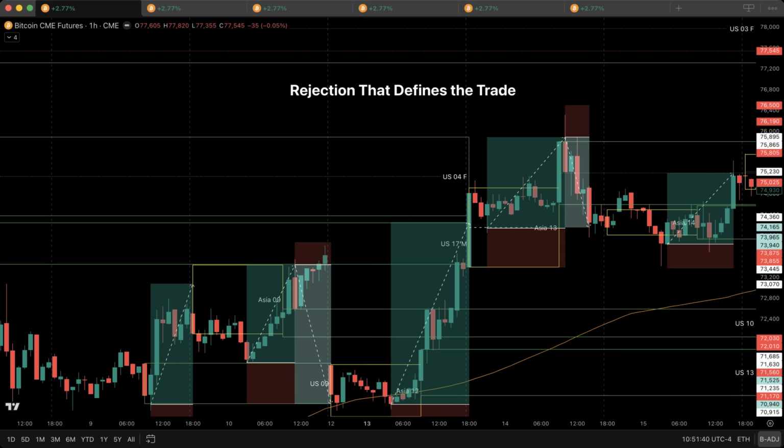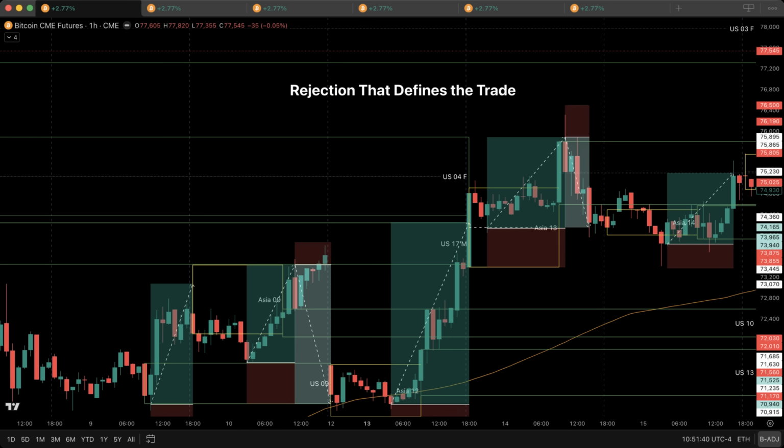Now the structure compresses again. Upper boundary rejects. Lower boundary slows. Everything stays between. The move exists, but the hold disappears. Now the final condition. If price cannot stay above the February 4th upper boundary, it must move down. If it cannot extend below the April 13th Asia lower boundary, it must return.